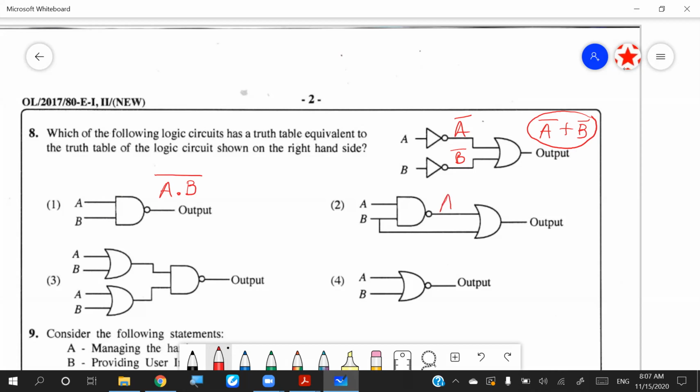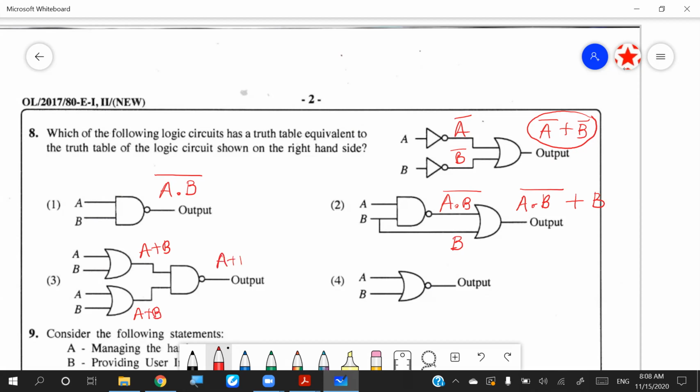So here it's going to be A dot B bar, since it is a NAND gate, and this is an OR gate. Here it receives B, so this is going to output A dot B bar plus B. And this is A plus B, since this is an OR gate. And here you are getting A plus B as well.